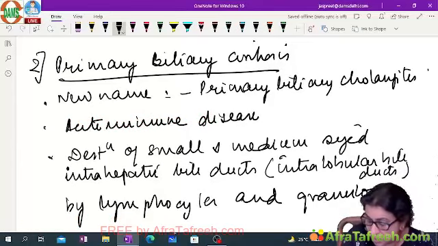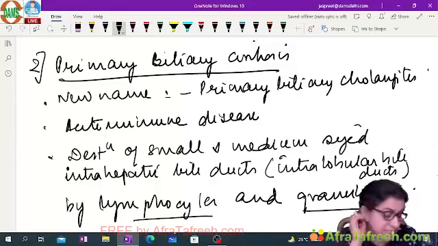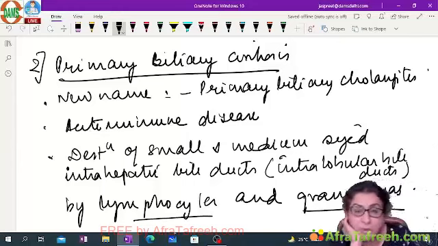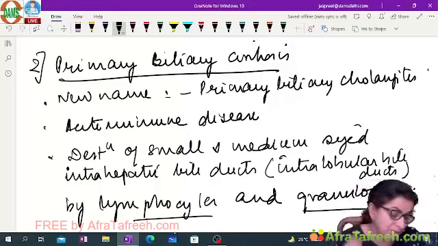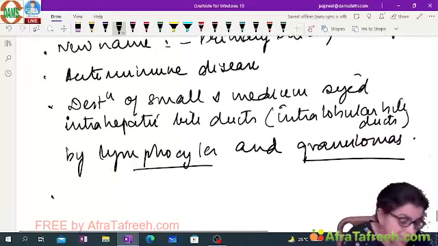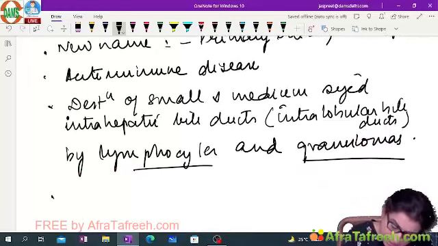So lymphocytes and granulomas come and destroy these ducts. And this is classically seen in middle-aged females.